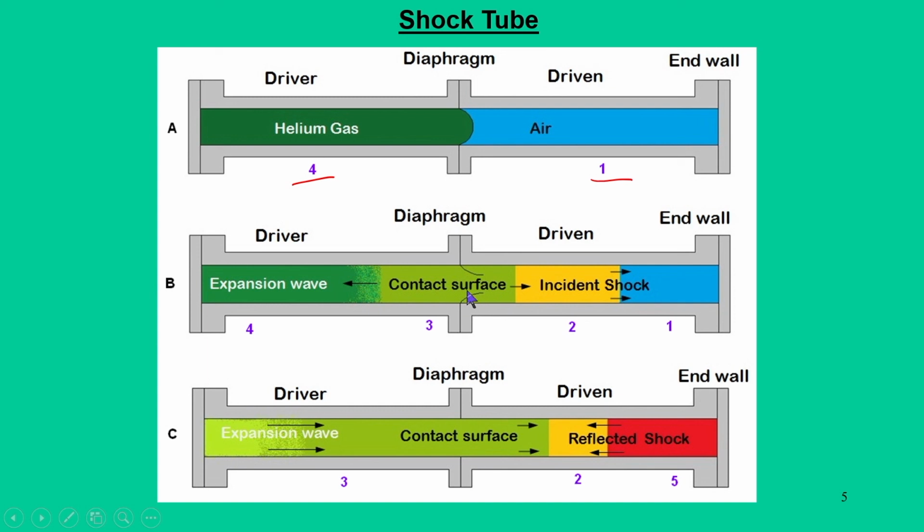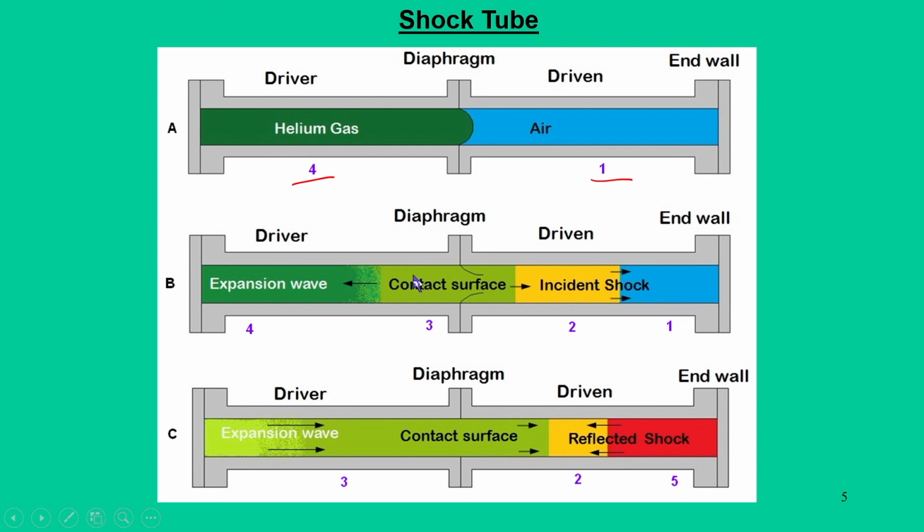Now, when a primary shock gets generated and propagates into the driven sections, side by side we can view that expansion waves also get generated, and these expansion waves go into the driver sections, and of course, they go in a slow manner. When the expansion wave goes, the conditions also change slowly. So, that is how condition 3 gets generated.